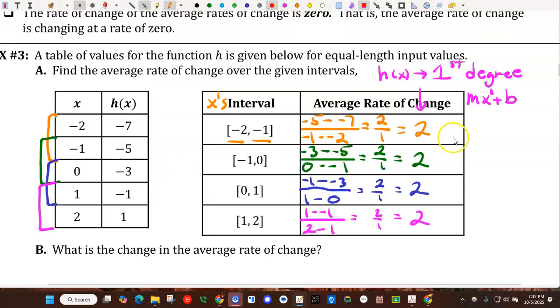How much are these changing from each other? They're not changing at all, right? They're staying the same, meaning if you subtract those, you'll see the average rate of change of the changes is 0.